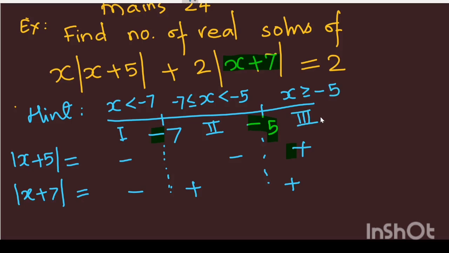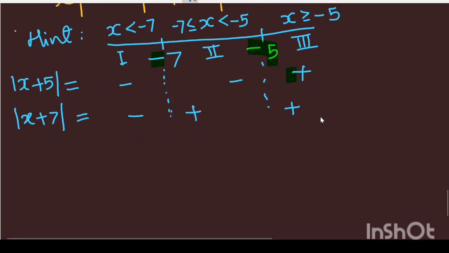So all these three cases we will discuss and check for the solution, and the total number of real solutions would be the sum of the number of solutions obtained in each of these cases 1, 2 and 3. So the solution is like this, guys.